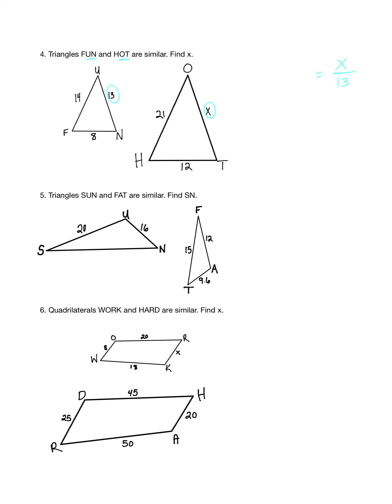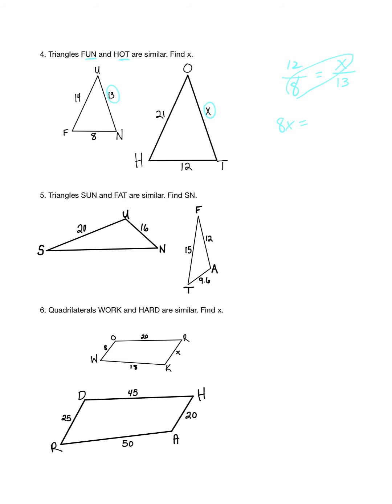And let's just pick, let's go 12 and 8, because those are smaller and they'll be easier to work with, right? So if we had x from the big triangle on top, we need to keep the big one on top on this side. 12 over 8.